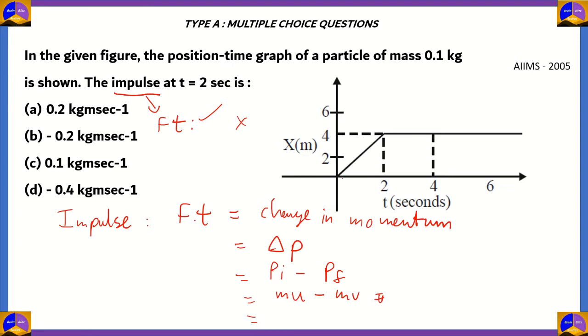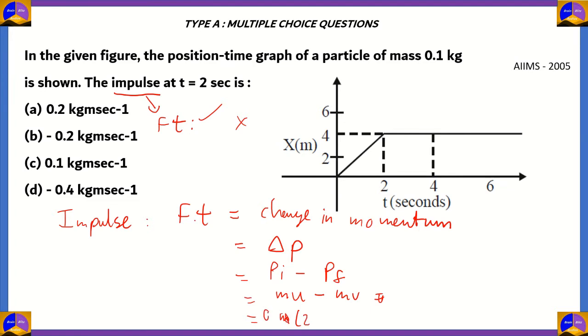So over here, the velocity at the initial position is increasing. So it goes up with a velocity of 2 meters per second.